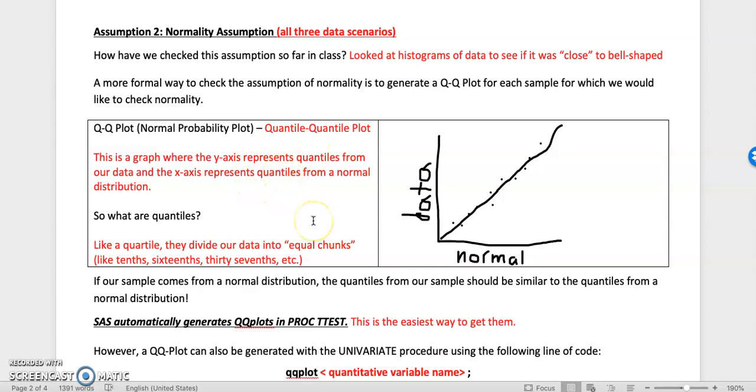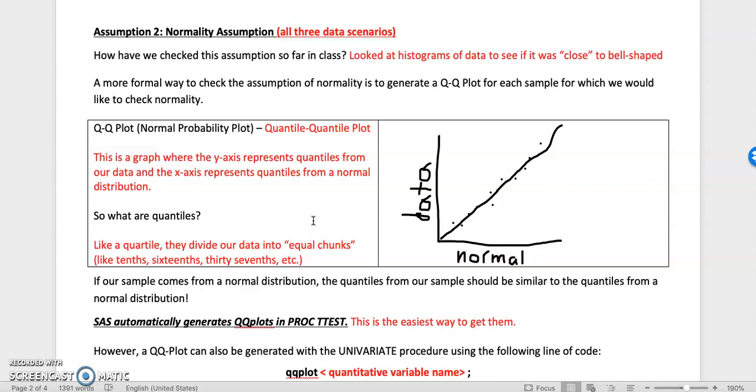So what do I mean when I say quantiles? We've seen quartiles show up previously. In box plots, they were showing the first quartile, median, third quartile, and so on. In a box plot, the quartiles were dividing our data into quarters, so we had 25% of our data in this section, 25% in this section. Quantiles are basically a quartile that's just a little more generic.